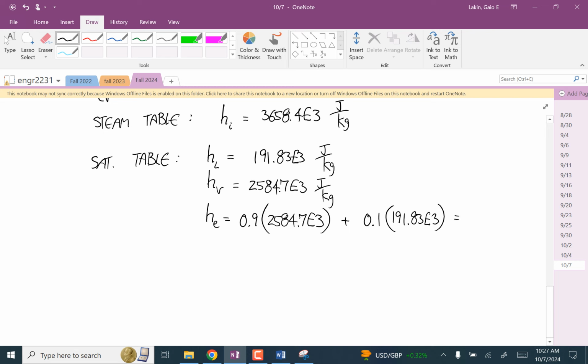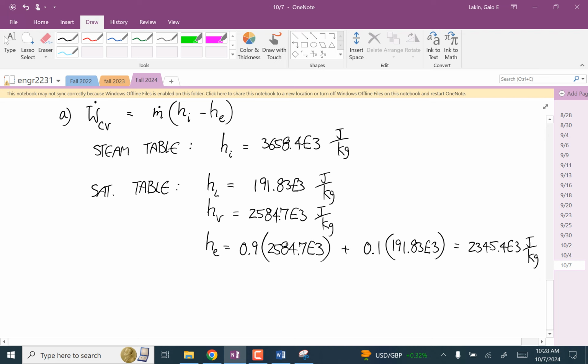And that is 2345.4 times 10 to the third joules per kilogram. And now we have everything we need to plug it into this equation.